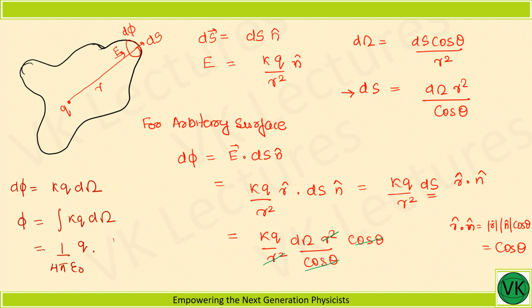So that's equal to q divided by 4 pi epsilon times 4 pi. The 4 pi gets cancelled, leaving q by epsilon. So this is the total flux, that is q by epsilon naught.